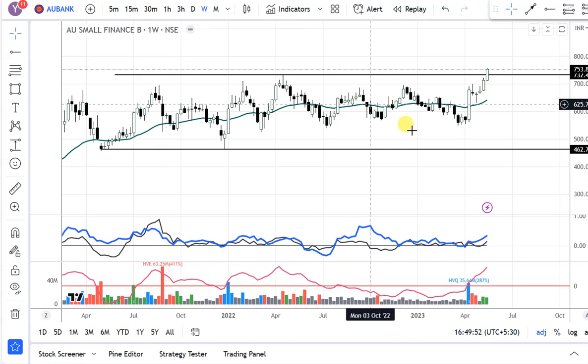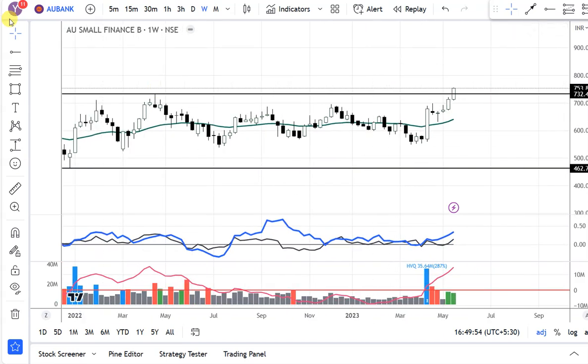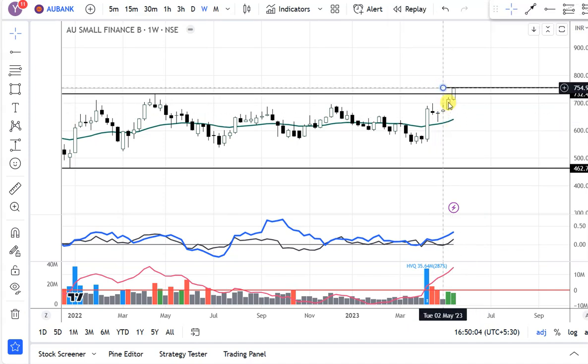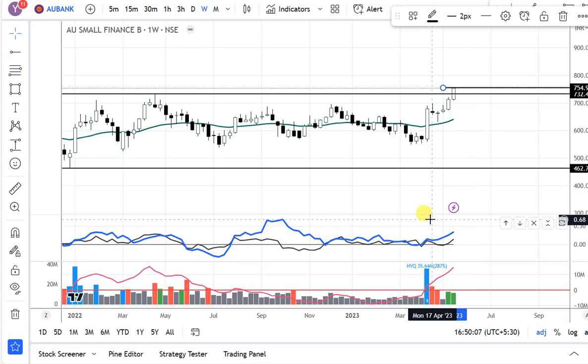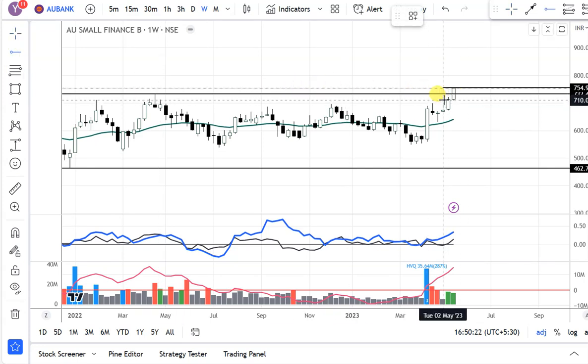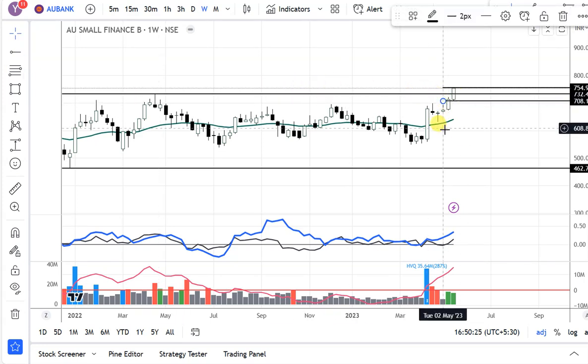The closing over here, the high is around 755, so 758 I think. It's a good stock to add on, or it looks bullish to me above 758. It looks weak to me below 700 rupees. Let's give it a little bit of lower gap.